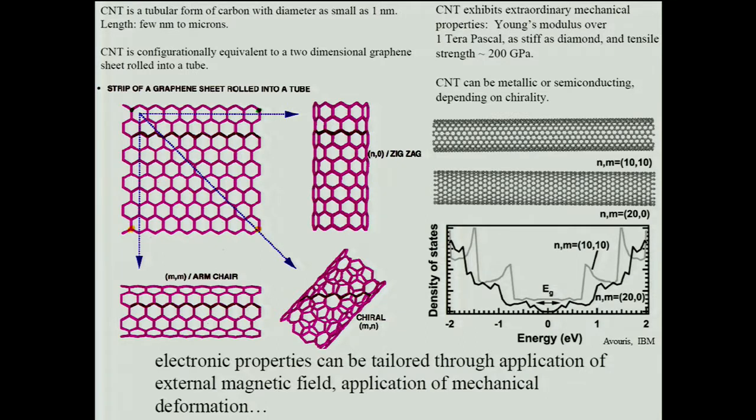Another way of imagining carbon nanotube is you take a graphene sheet and roll it up. When you roll it up, you see the atoms going zigzag, zigzag. So, this is the type of carbon nanotube which has the metallic properties.